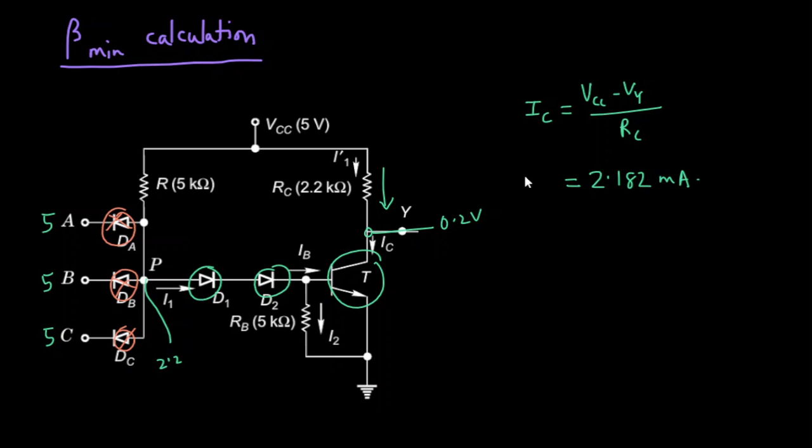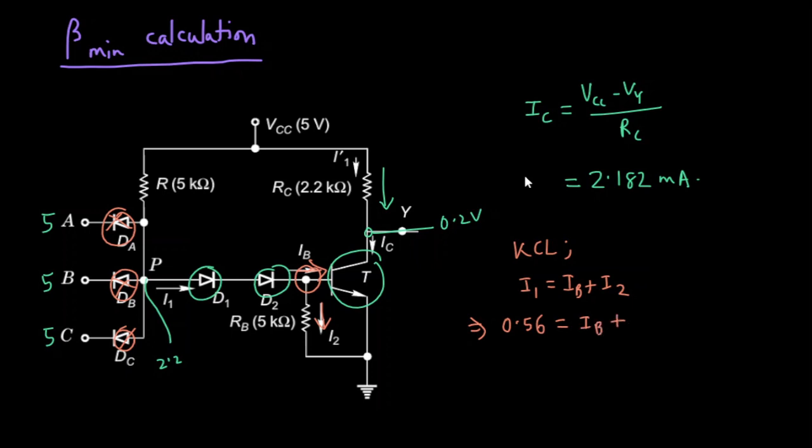Now we will have to calculate the base current. How will we calculate the base current? We will apply KCL to this node. If we apply KCL to this node, the current I1 comes towards this node, and the currents IB and I2 go outward from this node. So I1 equals IB plus I2. We have already calculated I1 in the previous part of this video. The value of I1 was 0.56.